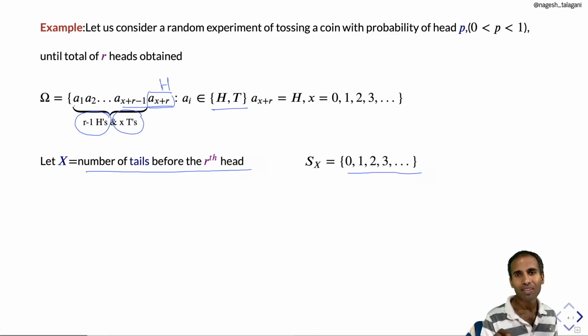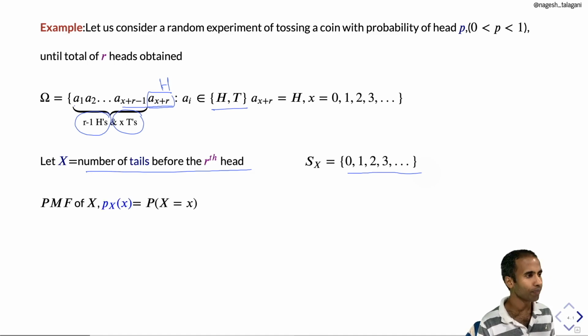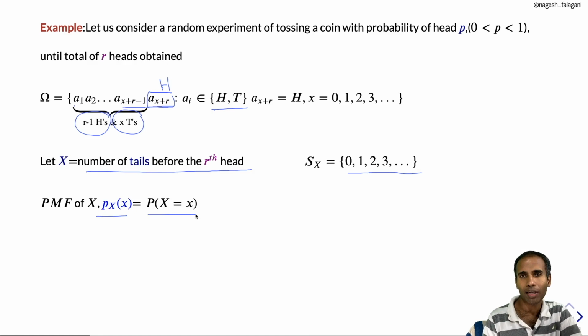Let us write down the PMF of x. Here Px of x is the probability of x taking the value small x. Here x equal to x is the event consisting of outcomes in the sample space for which the number of tails before the rth head equals x.